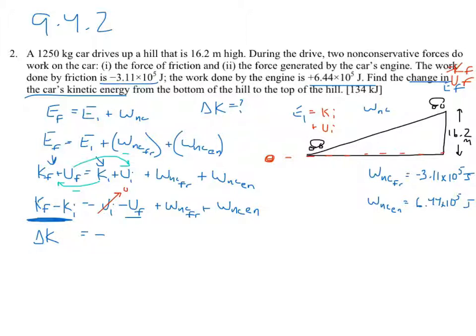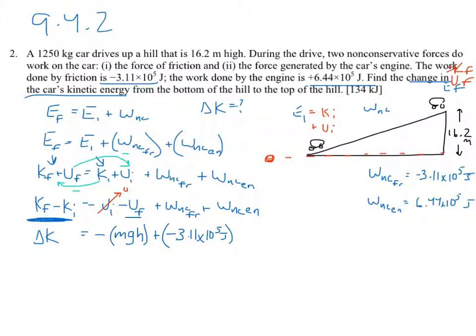So we're just going to put minus, how do you find the potential at any one height? That's mgh, okay? Plus, now we're ready to put in our non-conservative forces. What's a non-conservative force due to friction? I'm going to put this in parentheses, plus a negative 3.11 times 10 to the 5th joules.